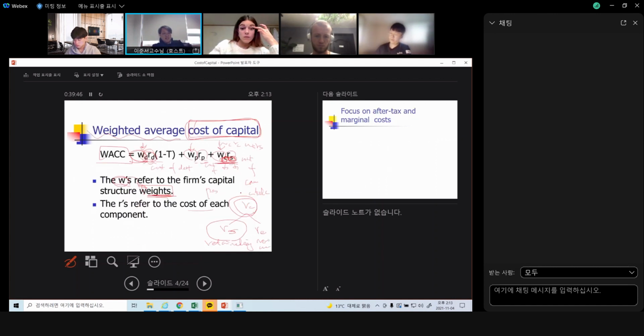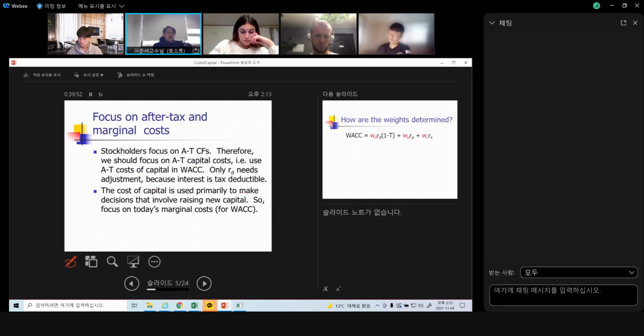So anyway, R means the cost of each component. Then we need to focus on after-tax cost and the marginal cost, which means stockholders focus on after-tax cash flows. Therefore, we should focus on after-tax capital cost.